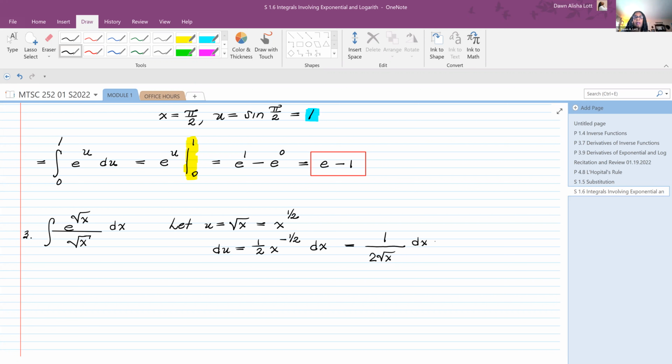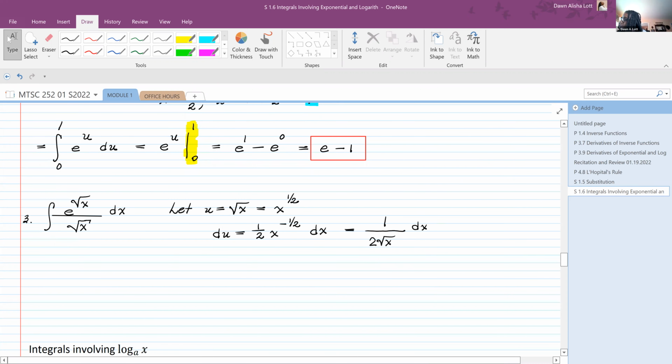Okay. So if I multiply both sides by 2, I get 2 du is equal to 1 over the square root of x dx. And that is beautiful for me because here it is. Problems are made to work out.